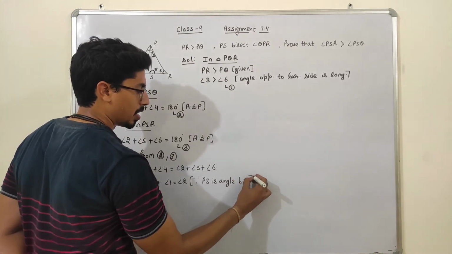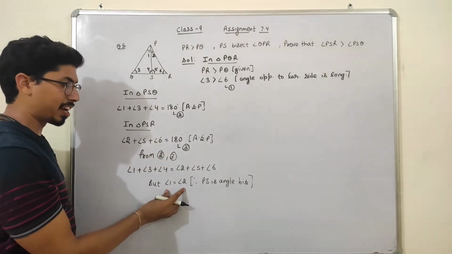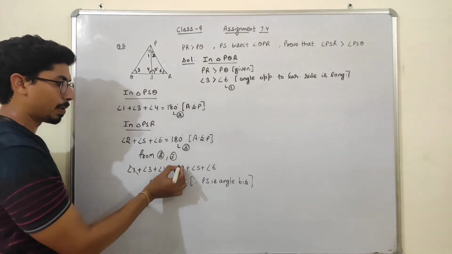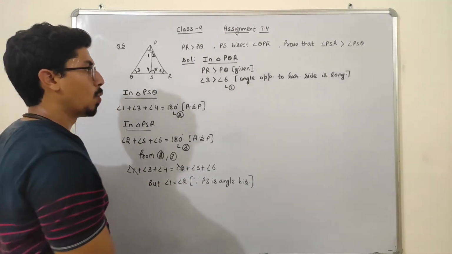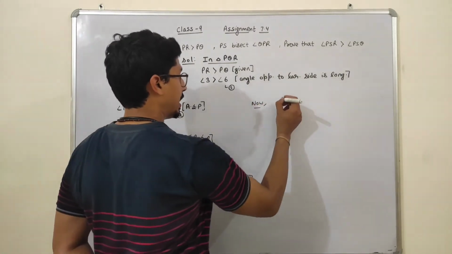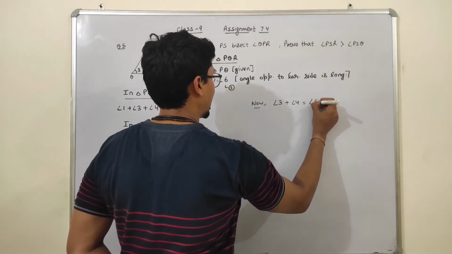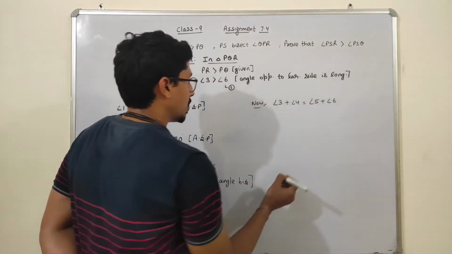If angle 1 and angle 2 are equal, I can cancel them out. Now I have angle 3 plus angle 4 is equal to angle 5 plus angle 6.